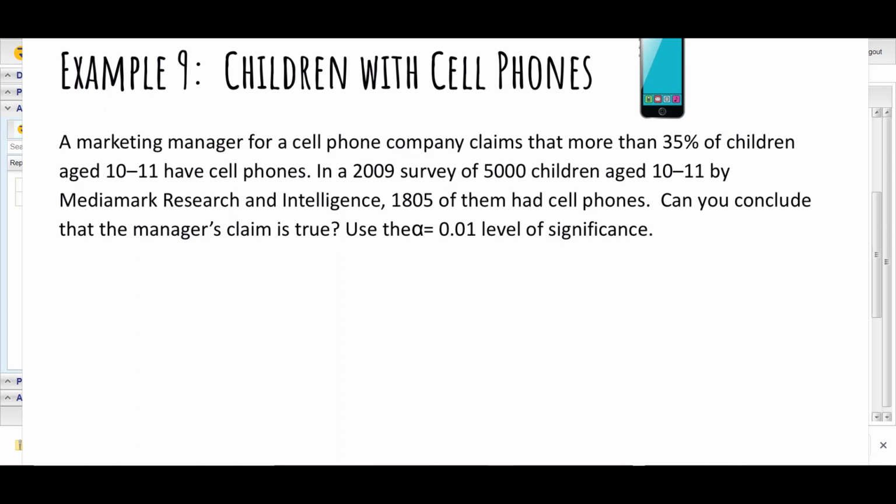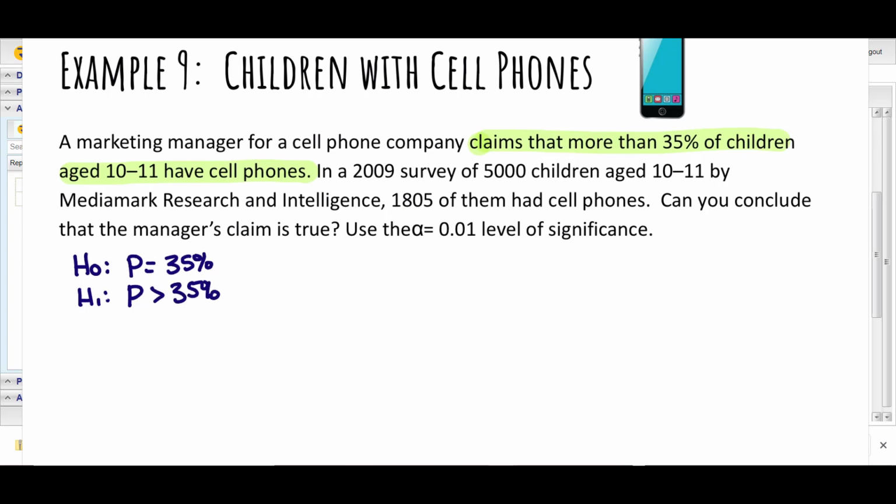What is the manager claiming? He claims that more than 35% of children aged 10 to 11 had cell phones. And we're testing a percentage, so we're doing P again instead of mu. We're saying 35%, but he's claiming that it is more.